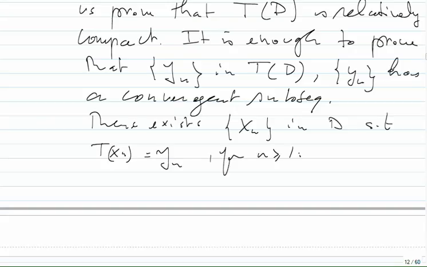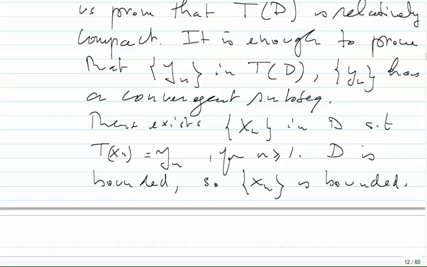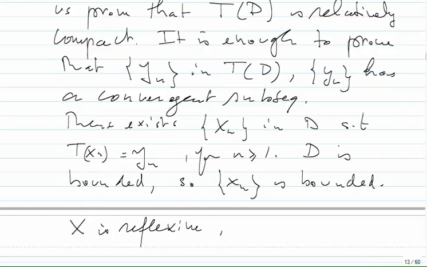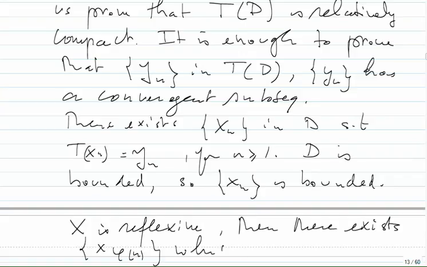Okay? And now we use the fact that D is bounded, so x_n is bounded. So this sequence x_n is bounded, X is reflexive, then there exists a subsequence x_phi(n) which converges weakly.